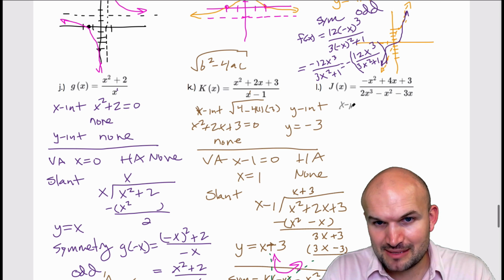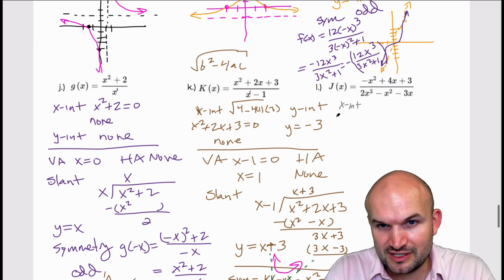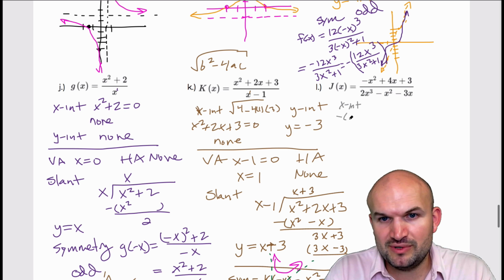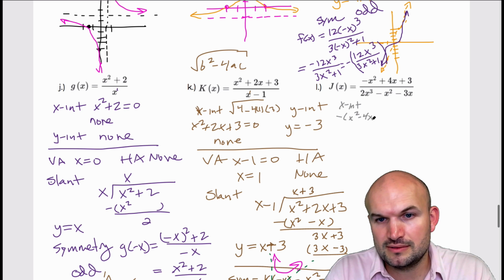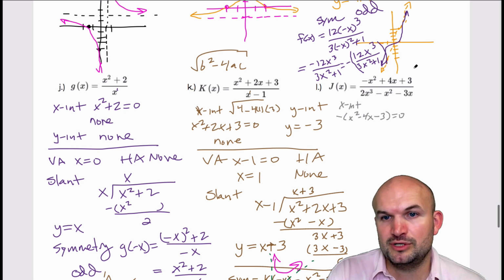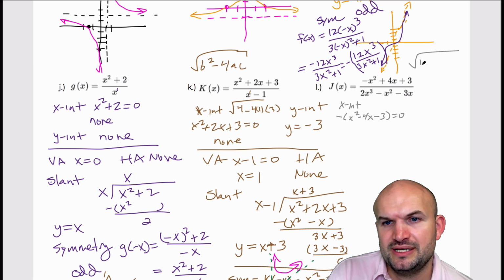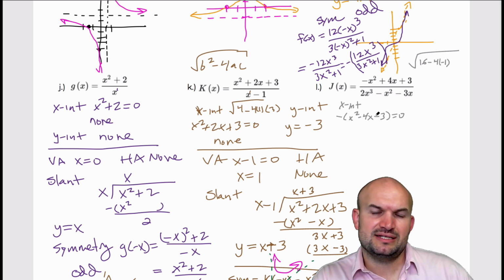So the x-intercept, I'm not going to want to factor this, is going to be numerator set equal to 0, so I'm going to factor out a negative, and that will leave me with x squared minus 4x minus 3 equals 0. Which again, I know that's not going to be factorable, so I'm going to test my discriminant here. So therefore, that's going to be 16 minus 4 times -1 times my c.